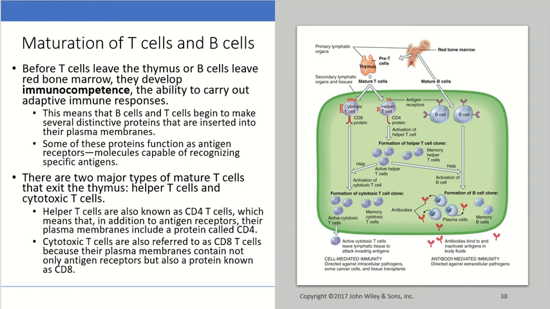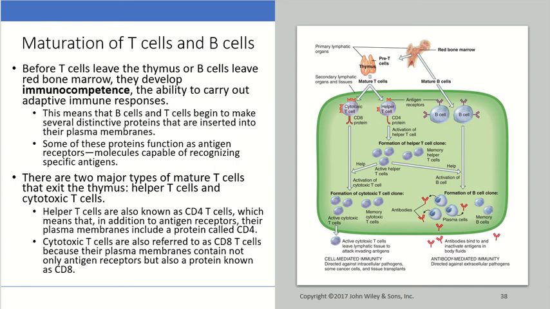Our helper T cells are also known as CD4 cells, and this basically means that in addition to antigen receptors, they're going to have a protein on their plasma membranes. It's called CD4. So that's basically just how we recognize them, based on their additional cell surface markers.